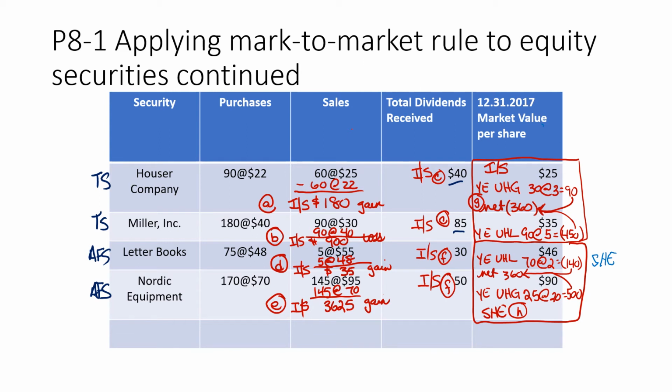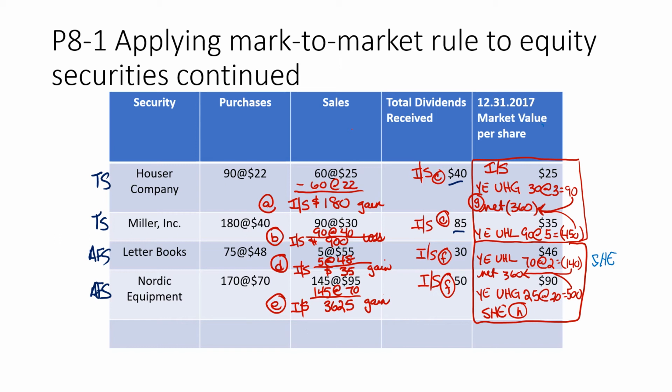Nordic Equipment also is available for sale. We purchased 170 shares at $70, debiting available for sale securities and crediting cash. During the year, we sold 145 of those shares. There, we sold them for 95. We bought them for 70.